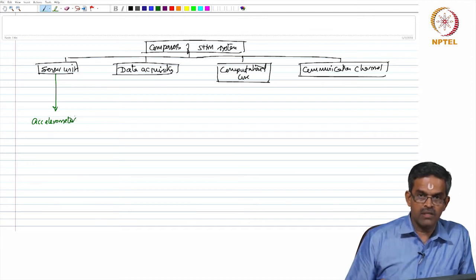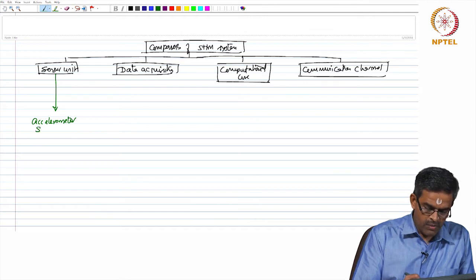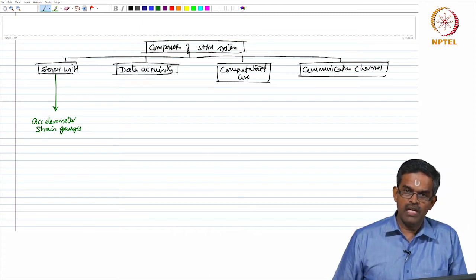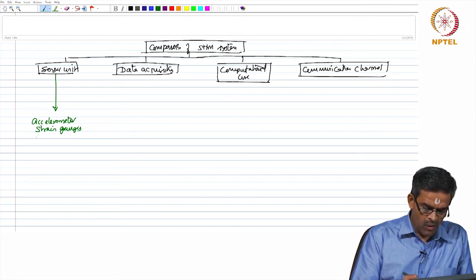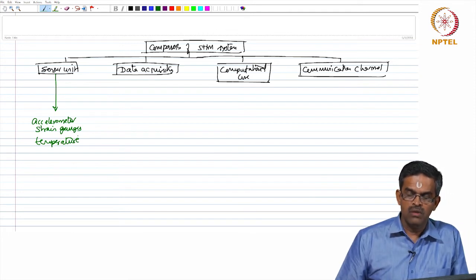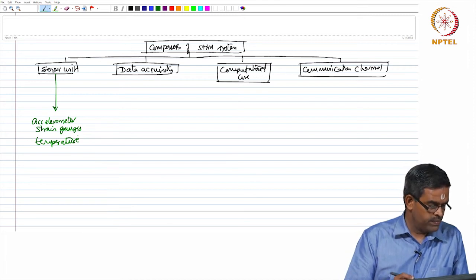Because we need to measure the deck acceleration of the platform, we need to measure the strain to check the feasibility of permanent deformation in the material. We need to also measure the temperature variation, because sometimes the fire sensors can also be used to raise an alarm of prospective fire in the platform.